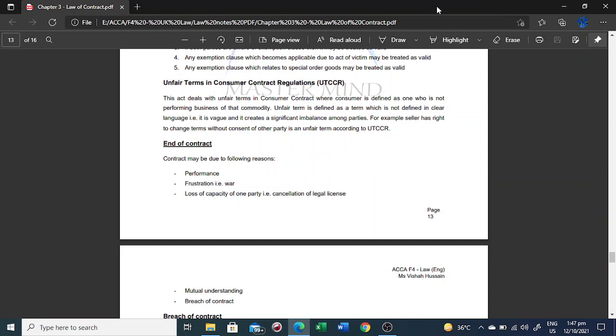An unfair term is defined as any term which is not clearly mentioned. Let's say you have used a lot of jargon and the other party is not expected to understand, or you have not used a language that they understand, then in such a situation, such clauses are considered to be vague or void.